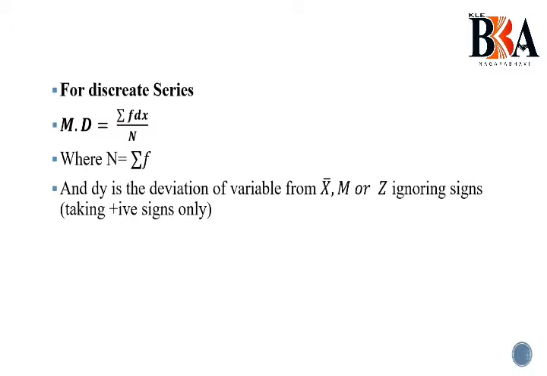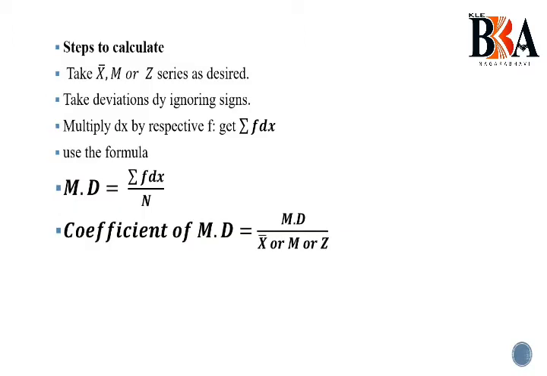So we'll see the steps to be taken while calculating discrete series problems. Steps to calculate: take the mean, median, or mode series as desired. Next, take deviations by ignoring signs, so we completely ignore the plus or minus signs in the calculation.